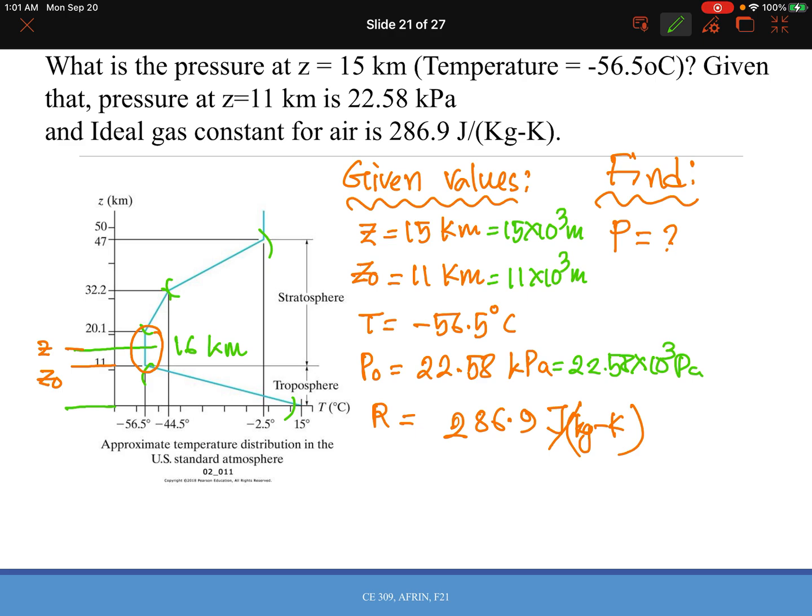The temperature here is negative 56.5 degrees Celsius. We need to convert that into the standard scale, which is Kelvin. So negative 56.5 plus 273, that will be 216.5 Kelvin. Now everything is in standard units and we are ready to use that in our equation.